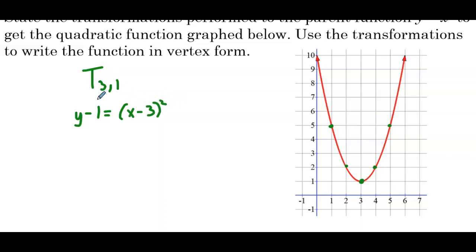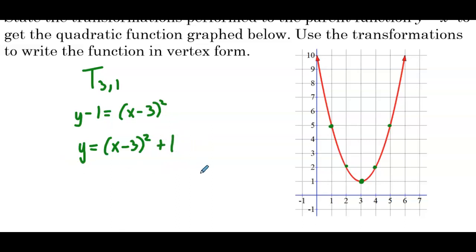As a reminder, if we're adding 3 to x, then in our equation, we subtract 3. Adding 1 to y, we subtract 1. So now we get y equals x minus 3 squared plus 1. And there we have our equation in vertex form.